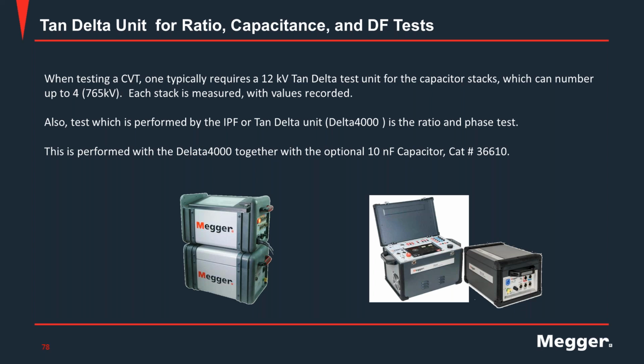Also performed by the IPF or tan delta unit, the Delta 4000, is the ratio and phase test, and I will show that to you on the next slides. This is performed with the Delta 4000, the ratio, together with the optional 10 nanofarad capacitor.